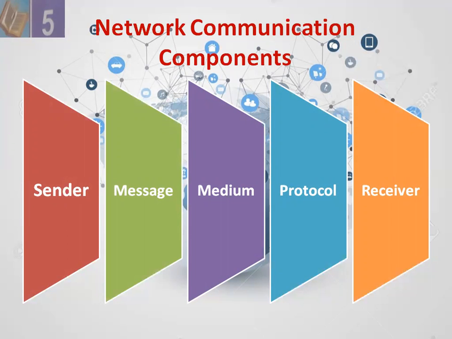That is called data communication, and with the help of data communication you can send your data. We have 5 basic components: sender, message, medium, protocol, and receiver. All these are the basic components of network communication, and sometimes we call it data communication and the components of data communication.